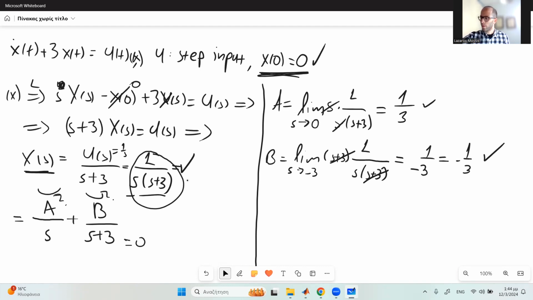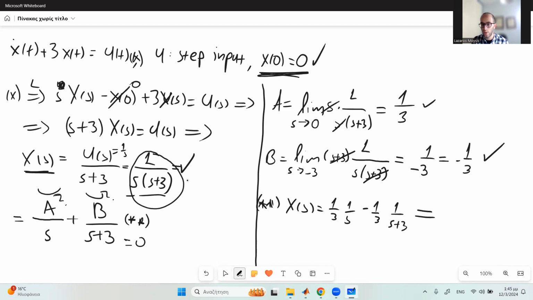For different types of roots, it gets a bit more difficult, but in this very simple case, there is no difficulty in computing these terms. So let's put an asterisk right here, and let's rewrite this. And we have that X of s is equal to 1 over 3 of 1 over s minus 1/3 of 1 over s plus 3.